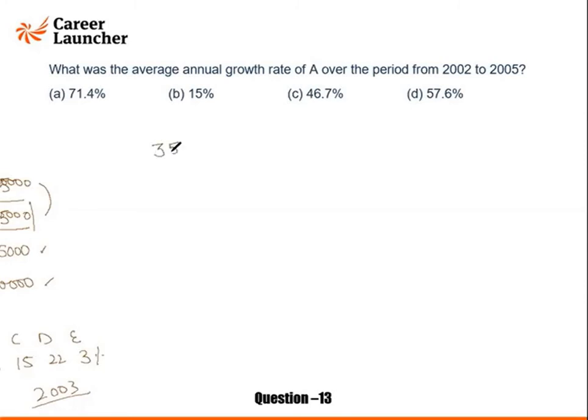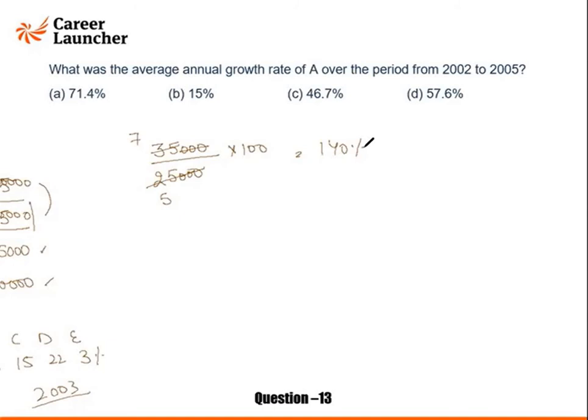So the growth is 35,000. How did I get this? 60,000 minus 25,000 on 25,000, that's the base because we are checking from 2002. Into 100 we multiply, so zeros will cancel out. This turns out to be 7 by 5 and finally 140%.